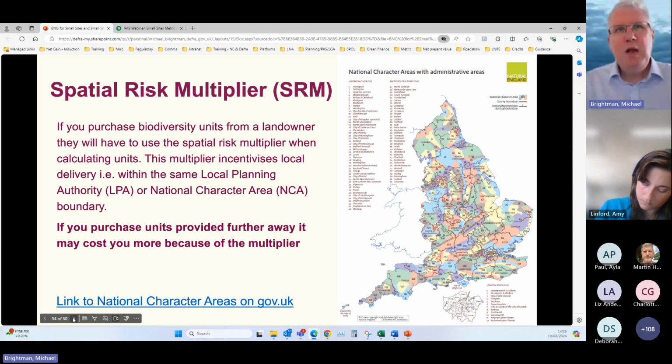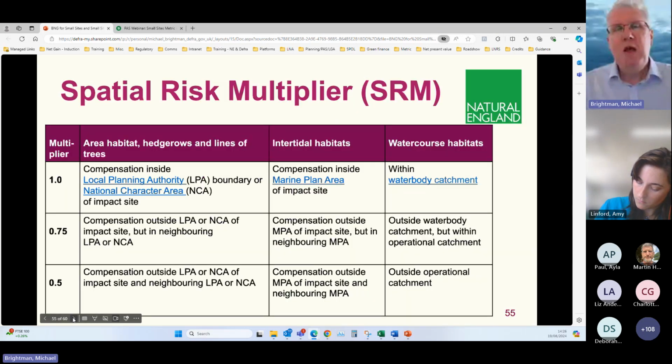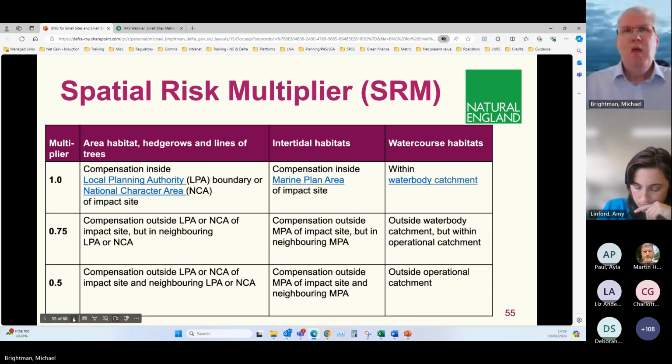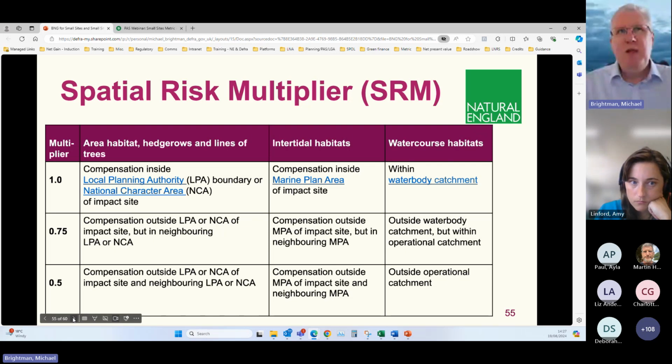Shown on this slide is the link to national character areas that's available on gov.uk. And I give an example on the next slide of how the two might interact, the LPA boundary and the national character area. But in terms of the multiplier, we see at the top the multiplier of 1, where it's an area habitat that's compensated for within either the local planning authority boundary or the national character area.